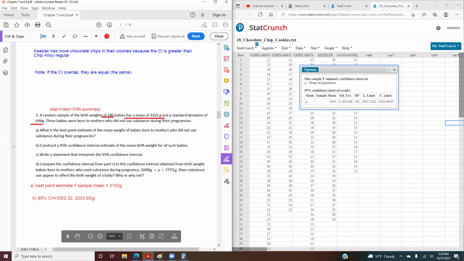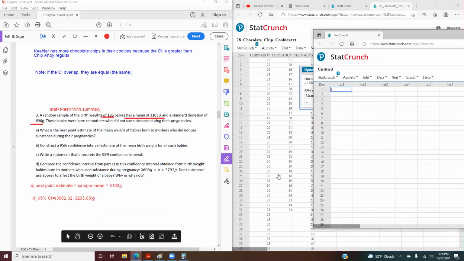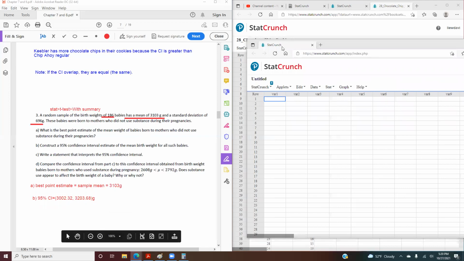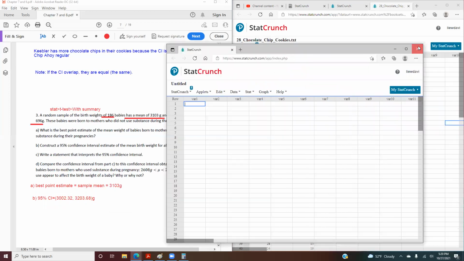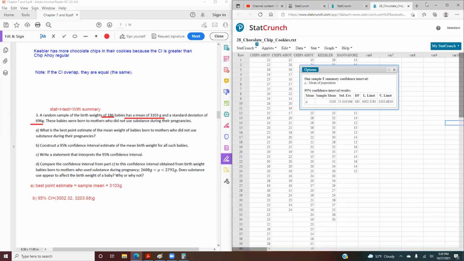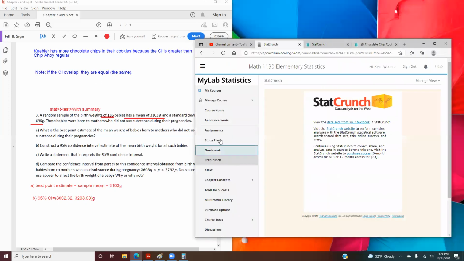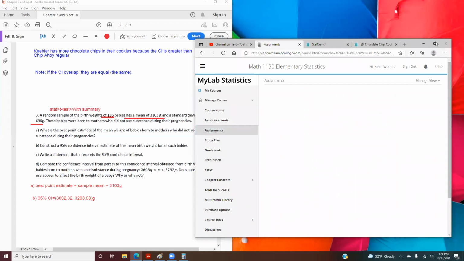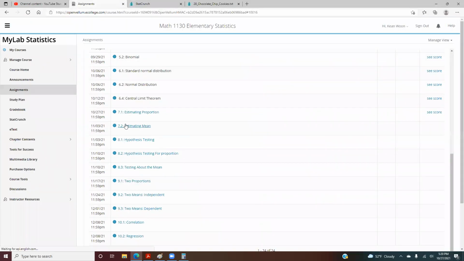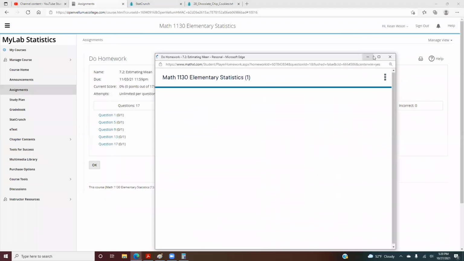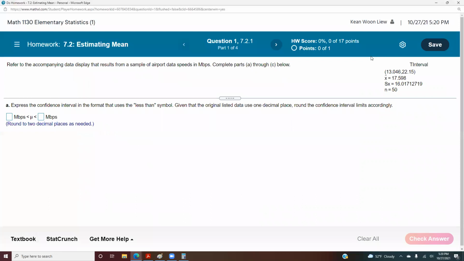Now, some questions when you do your online homework on 7.2 give you the whole confidence interval. So this is 7.2 question 1. This is already given to you. This is your confidence interval, so you do not need to find it.